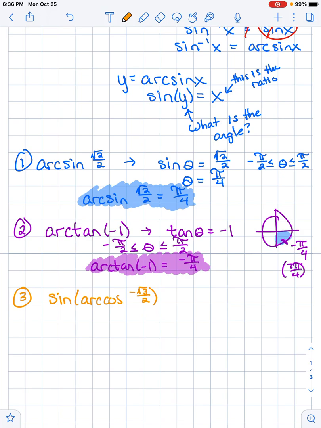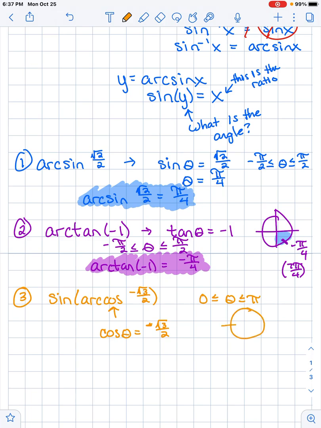Okay, welcome back. Remember, the domain restriction for cosine is everything between 0 and pi. So I'm just going to do the middle part first. We're saying the cosine of some angle is negative root 3 over 2. Knowing your unit circle, I know that it's going to be a 30-degree angle.